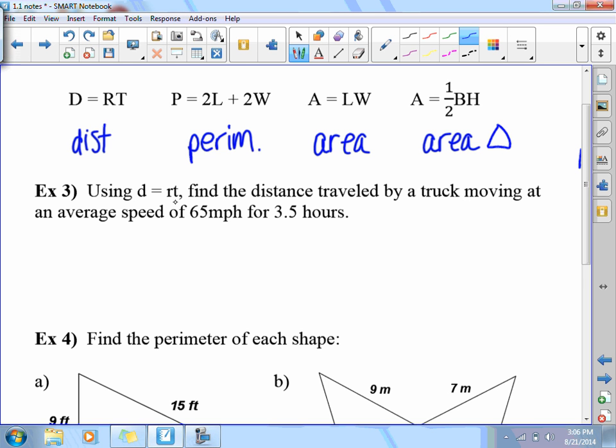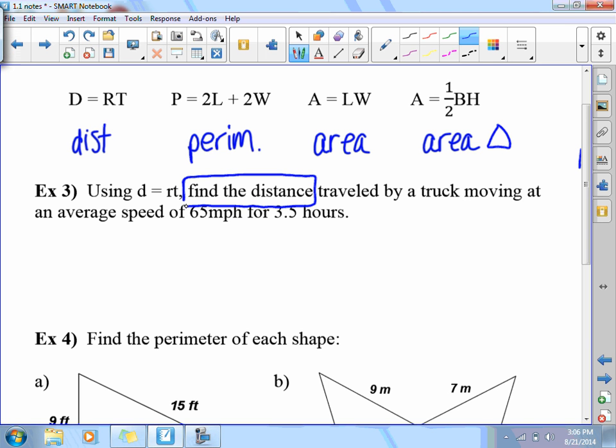And we're going to use that to find the distance traveled by a truck moving at an average speed of 65 miles per hour for 3.5 hours. So when we read word problems, we have to make sure that we break it down and understand every part. So first of all, we're finding the distance. So that means I'm going to be solving for D.